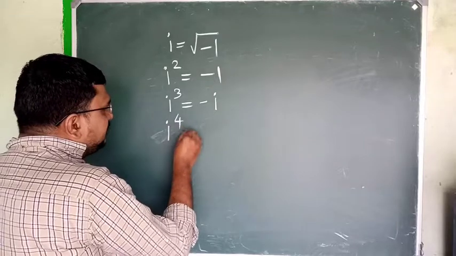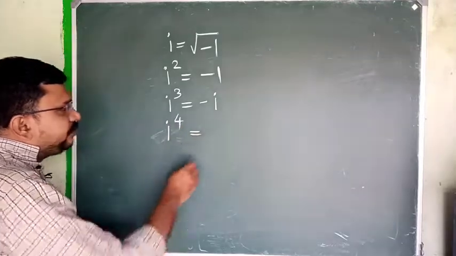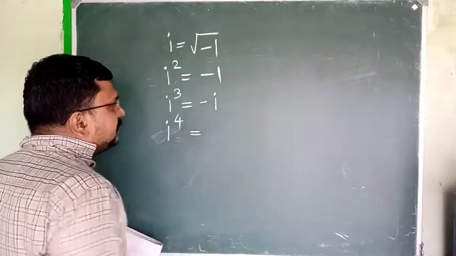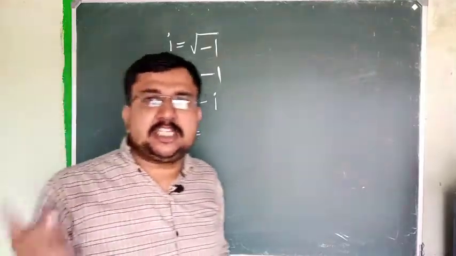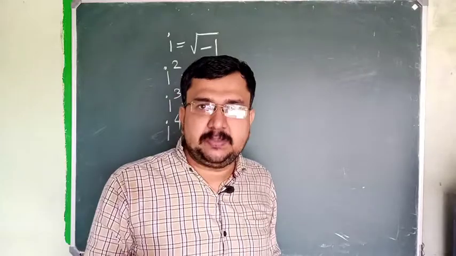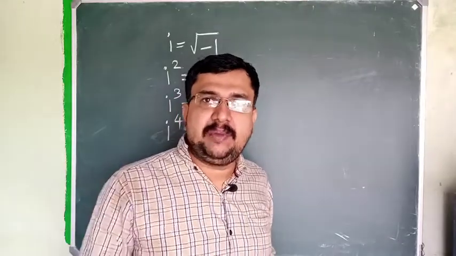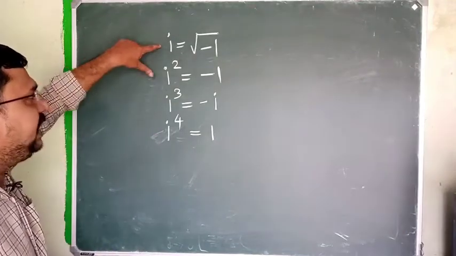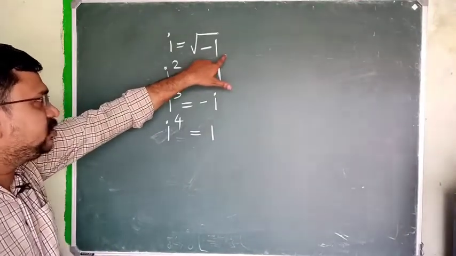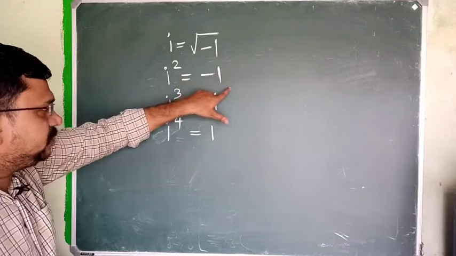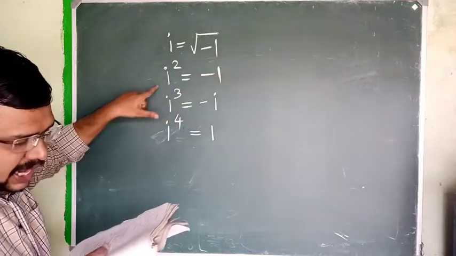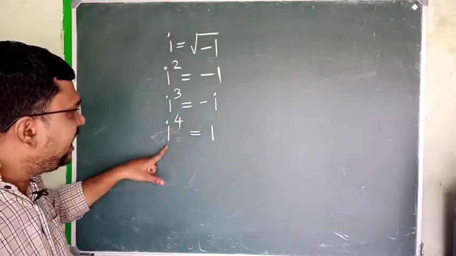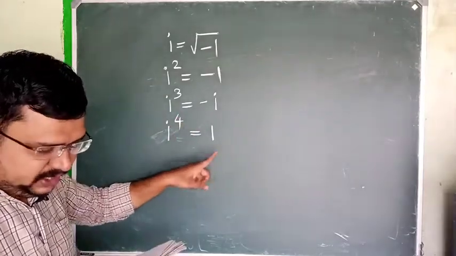Then i raised to 4 equal to minus i into i, that is minus i square. We know that i square is minus 1, so minus of minus 1 is plus 1. Therefore, very important: i equal to root minus 1, i square is minus 1, i cube is minus i, i raised to 4 is 1.